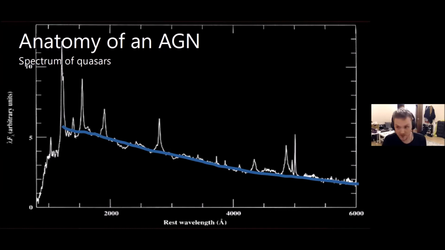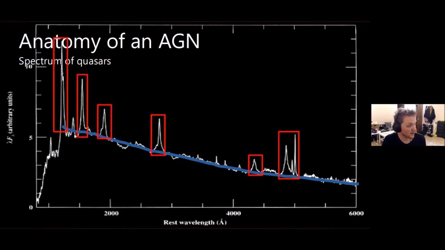You have a number of other features as well. One, for example, is all the emission lines, all the spectral lines. And these spectral lines tend to be very broad. If you look at the first one over here, this is Lyman alpha, and right next to it is nitrogen 5.